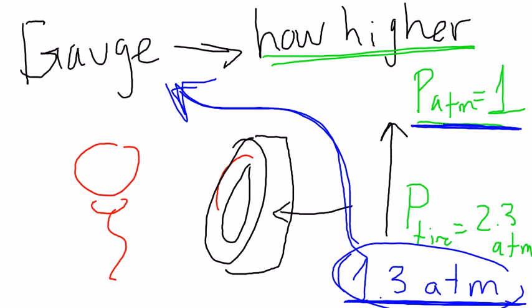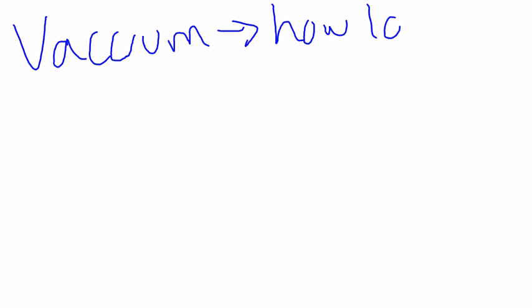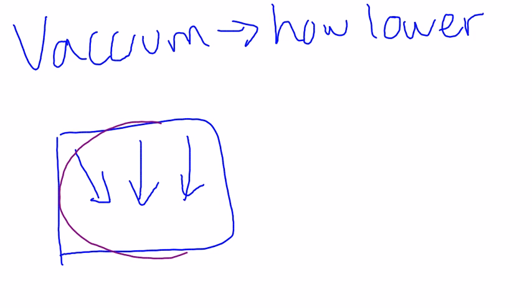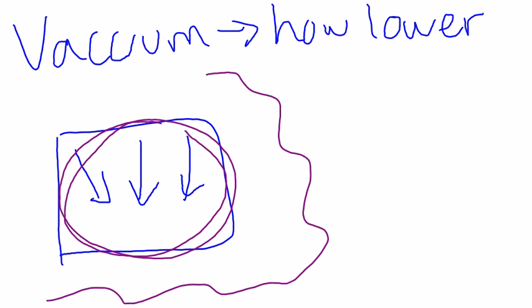The same happens with the vacuum pressure, which is how much lower we are than atmospheric pressure. If you have, let's say, a container in which the gases are being consumed, then the pressure inside will decrease, so it will be lower than the atmospheric pressure around it.